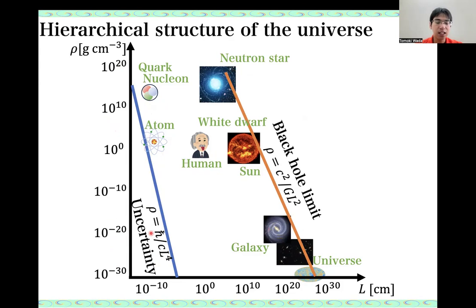As you can see, these objects exist in a very wide parameter space. In terms of size, the smallest is about 10 to the power of minus 10 centimeter, and the largest one is about 10 to the power of 30 centimeter.